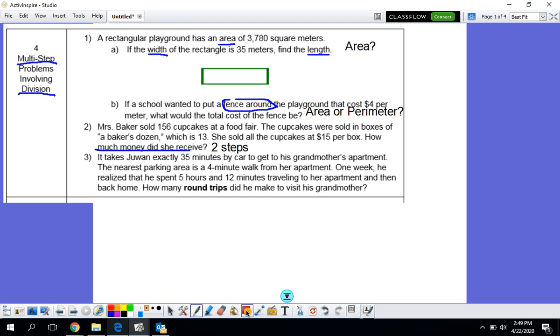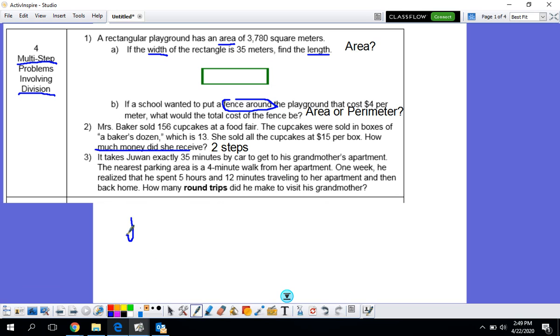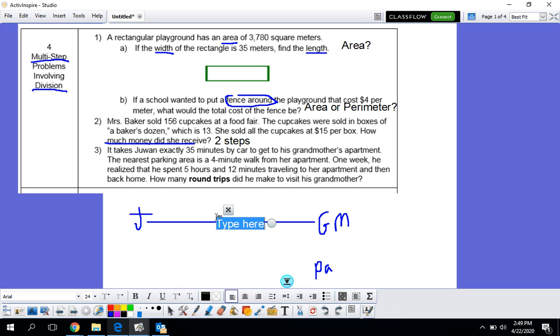So what I'm thinking is, say, this is Jawan, this is Gma, and then this, let's say, is parking. So it says if it takes exactly 35 minutes to get to the apartment, I would draw this and then maybe label this 35 minutes. Then it says it's a 4-minute walk from her apartment to the parking area.